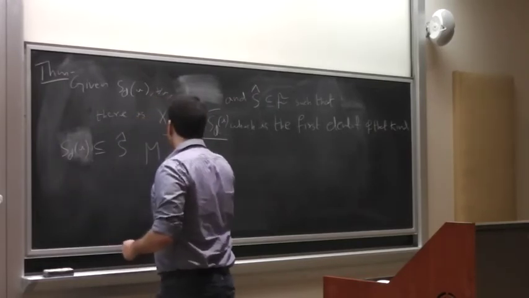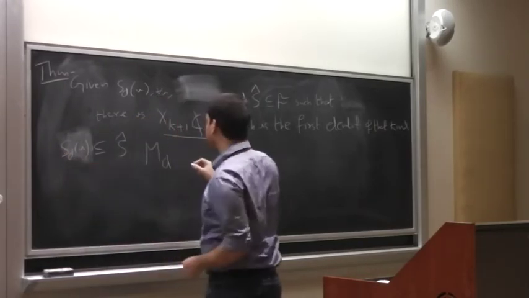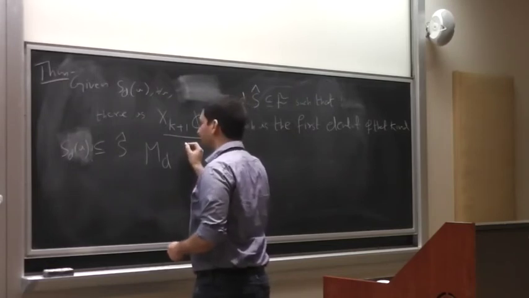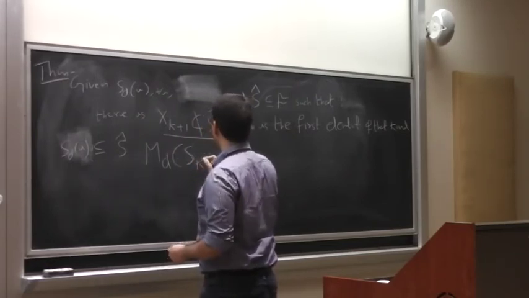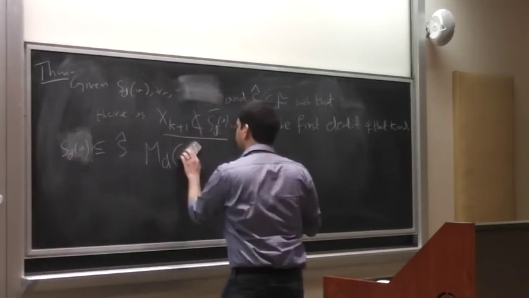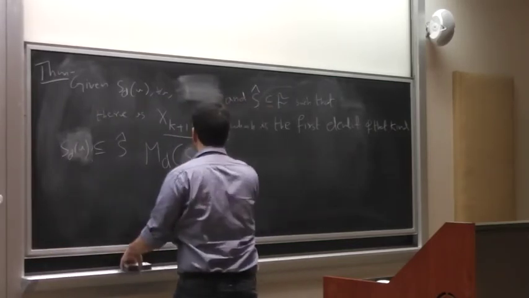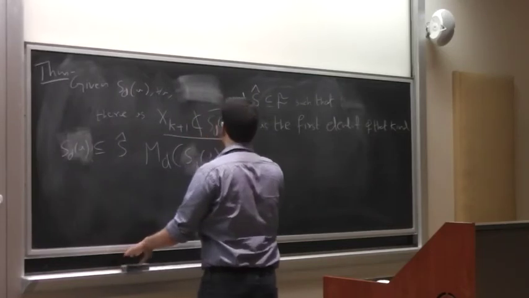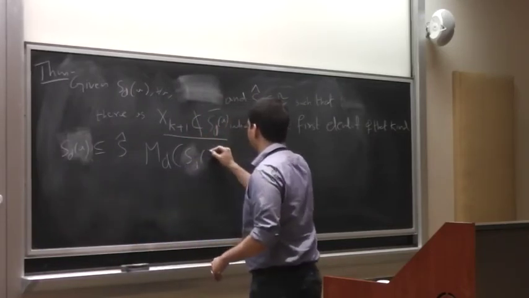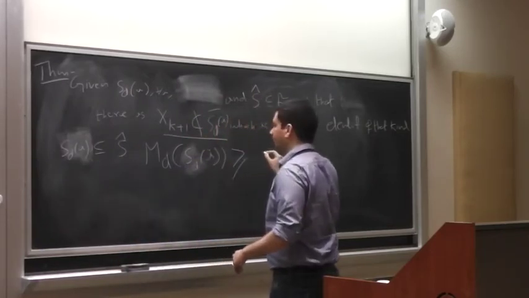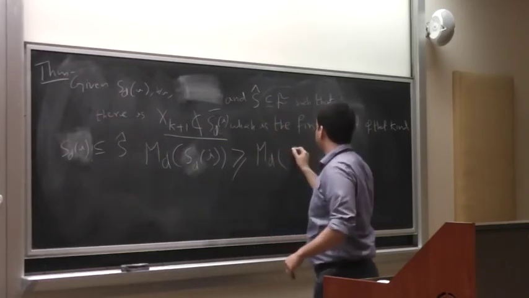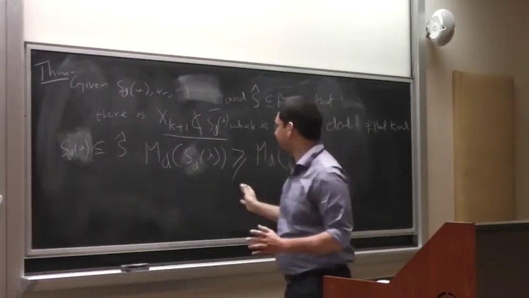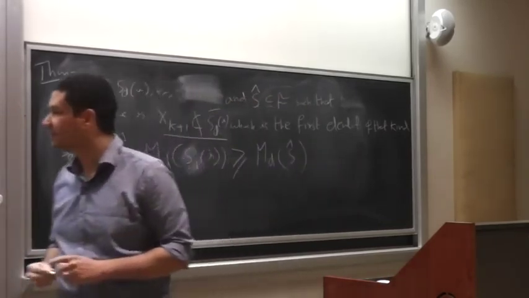So I've defined this as well. I will point to what it is in there. It's going to be MD of SK, SD of I is greater than equal to MD S hat. Okay, lots of notation, but this is concrete now.